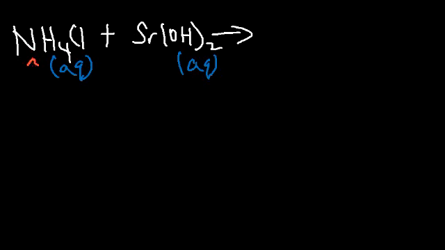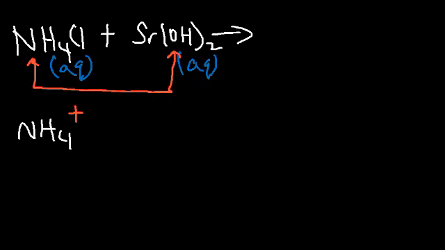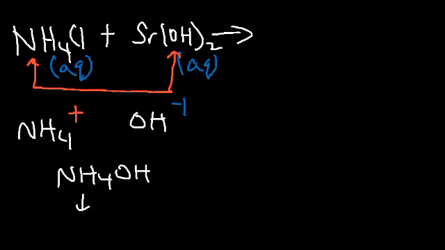Now, ammonium is going to pair up with hydroxide. So we have ammonium, which is NH4 plus, and hydroxide, which has a -1 charge. So we could simply write this together as NH4OH. Whenever you have NH4OH, this can break down into NH3 and H2O.